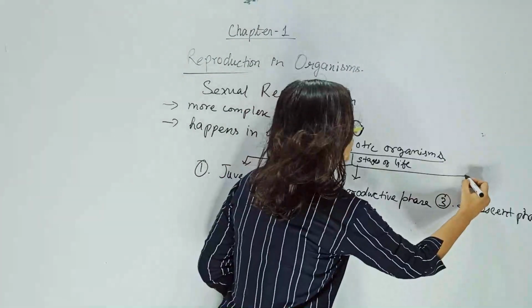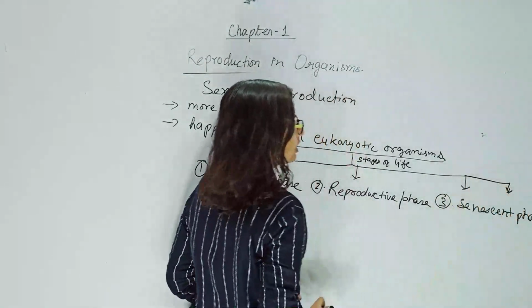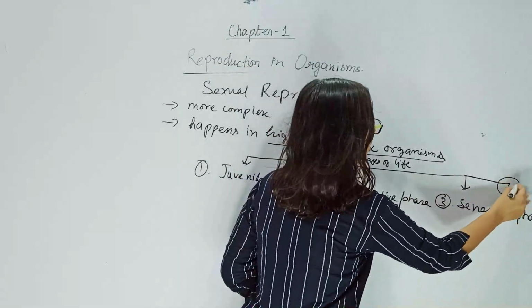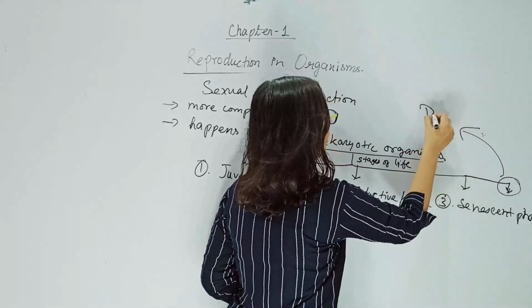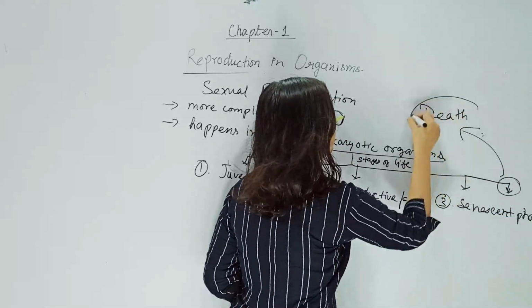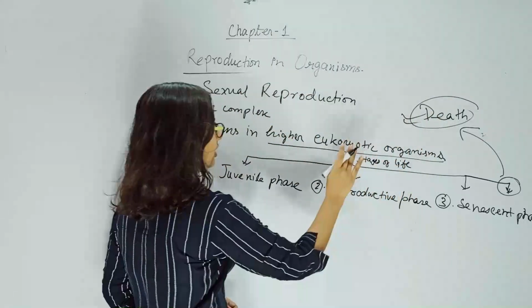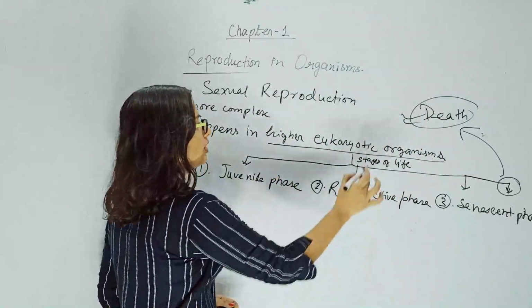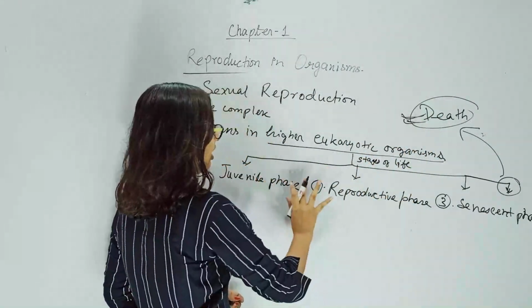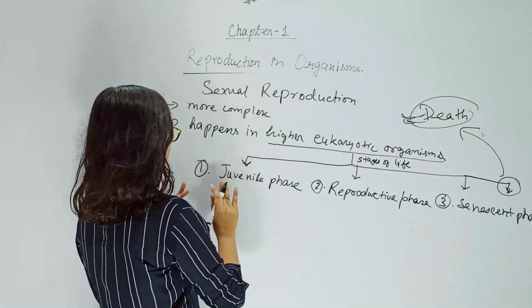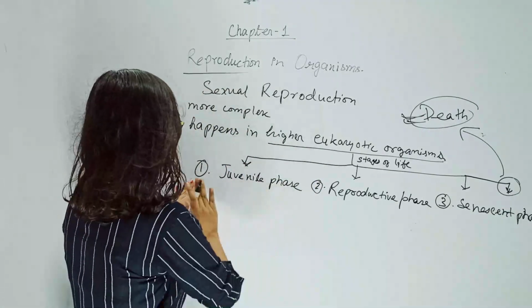You can see a fourth stage also in some books, and this fourth one is nothing but death. So death I am not considering as a stage of life. Death is not a stage of life. Therefore, I am just telling you the three phases.